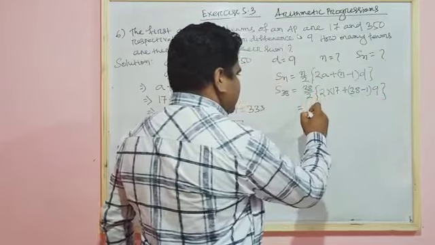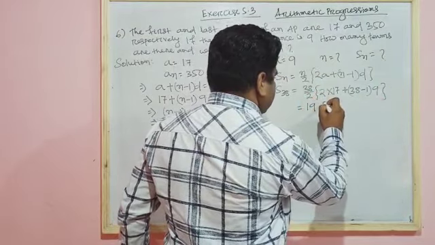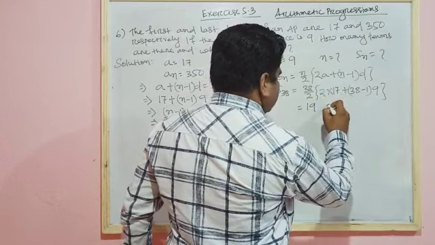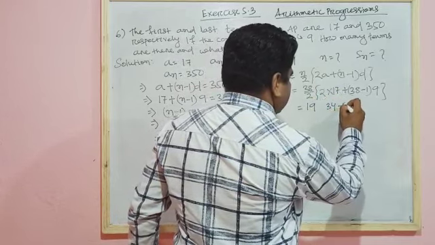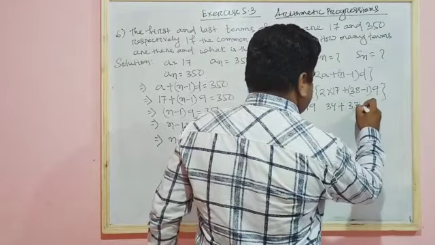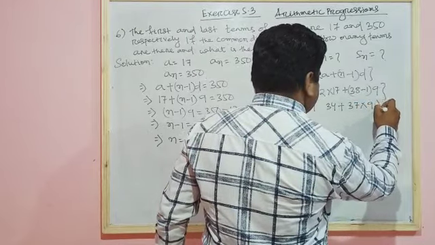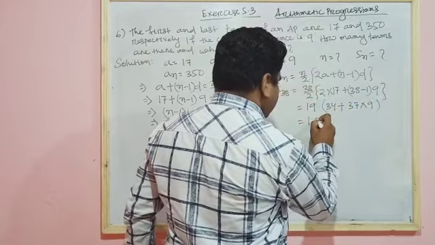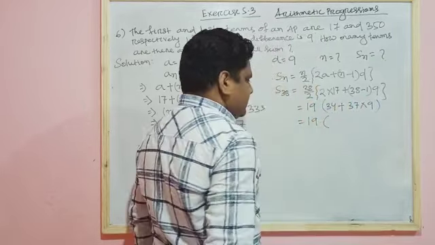So 38 by 2 is 19. 2 into 17 is 34. 38 minus 1 is 37 into 9. So it will be 19 into (34 plus 37 into 9).